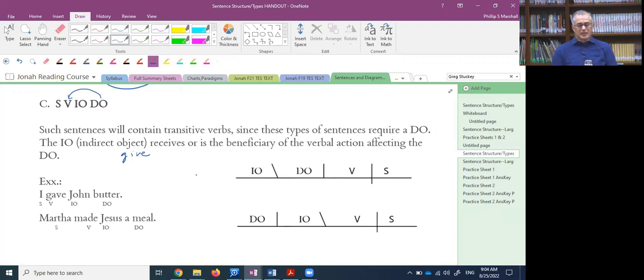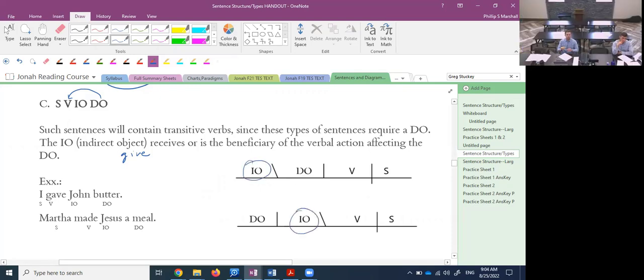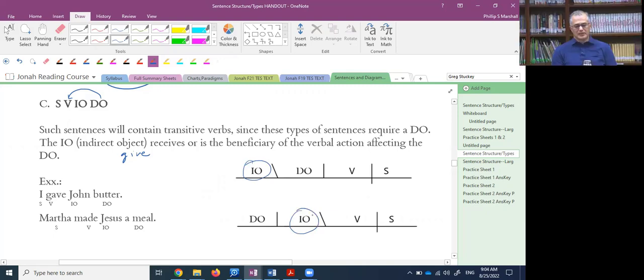And if I leave the indirect object off, but the verb give is one that requires an object and a recipient, it also sounds odd. I gave butter without specifying to whom. That's incomplete.